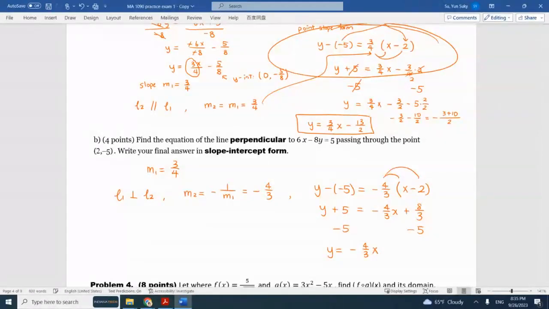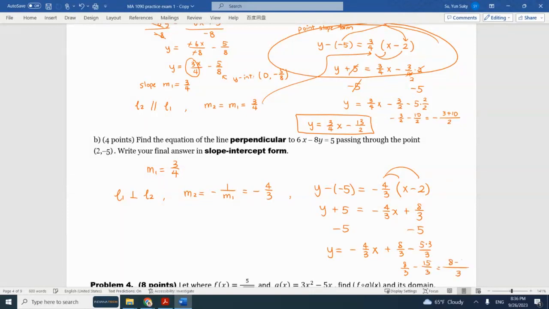-4x plus 8/3 minus 5. For the 5, you multiply by 3 and divide by 3, because when you add fractions, you have to have a common denominator, right? So this is like 8/3 minus 15/3.